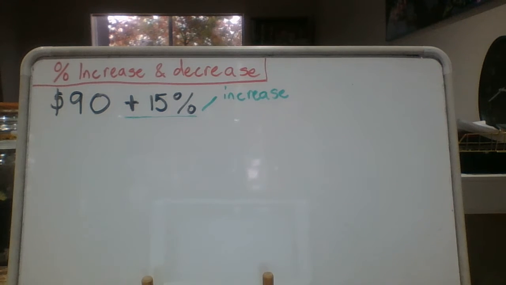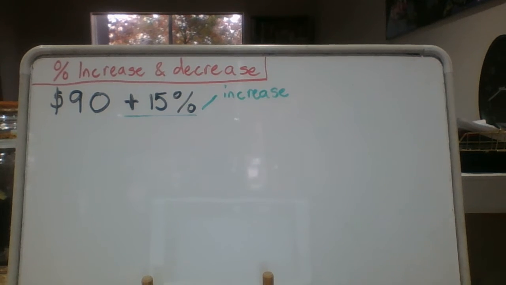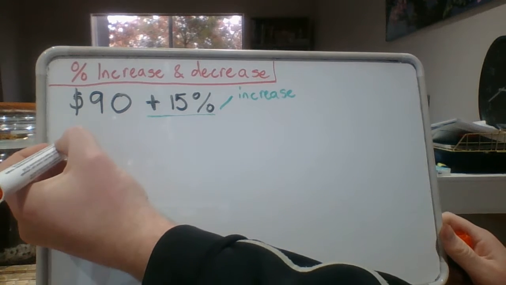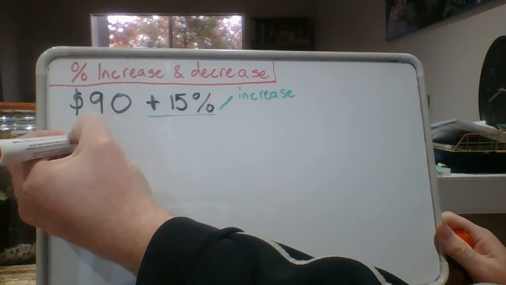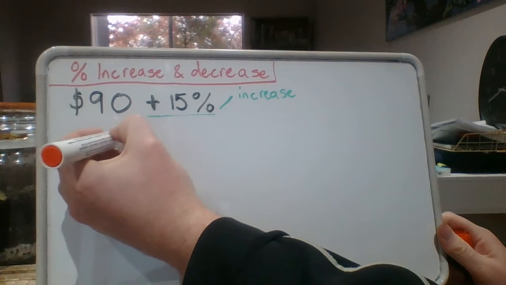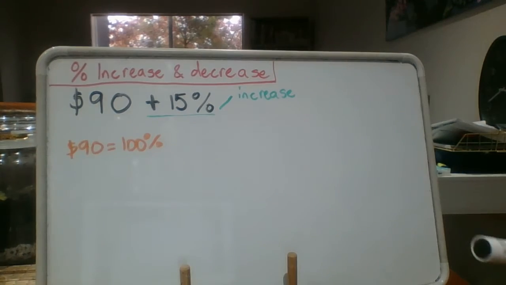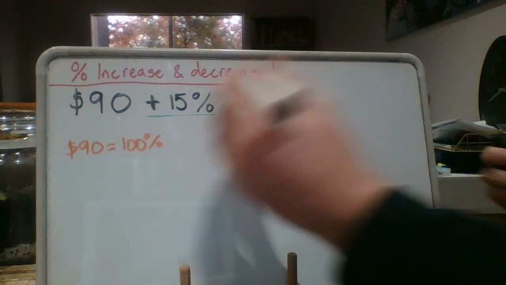Now, when we look at this, guys, there's a couple of things that you need to understand. The first part is that here, the $90 actually represents the whole, which is 100%. And we're adding on that 15%.